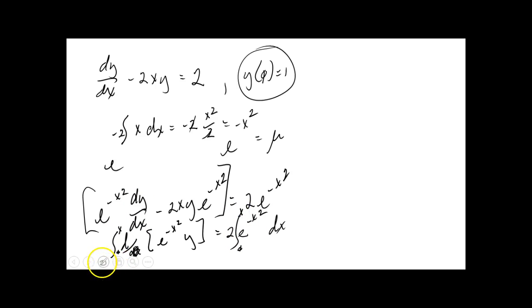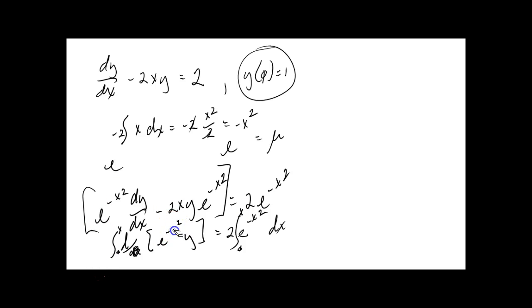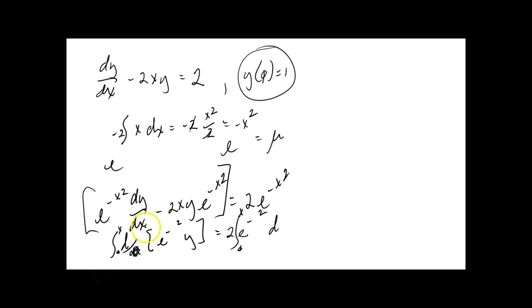And that changes the argument here to a t and a t and a t. Okay? So I should have taken that off while I had my eraser going. This is minus t squared dt.